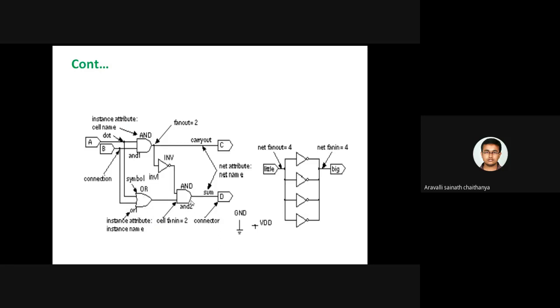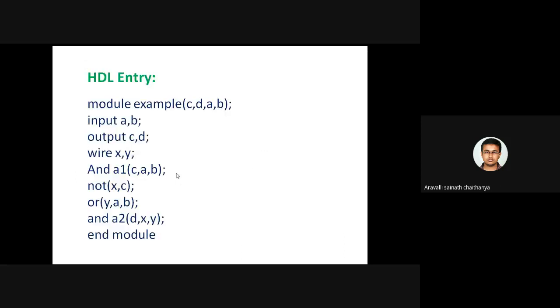OR1 is connected with AND 2. The first AND gate is connected with an inverter, and the output of the inverter is connected with one more AND gate. So in between I have three wires: first wire, second wire, and third wire. How many wires are there here? Three wires. So wire X comma Y.